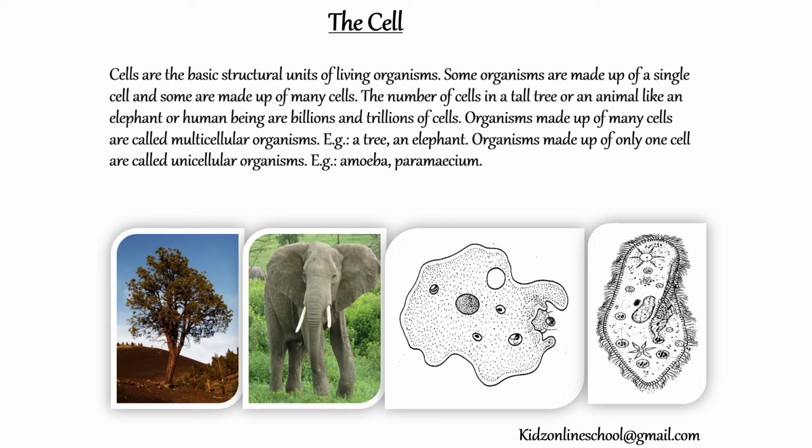Organisms made up of many cells are called multicellular organisms. Example, a tree, an elephant. Organisms made up of only one cell are called unicellular organisms. Example, amoeba, paramecium.